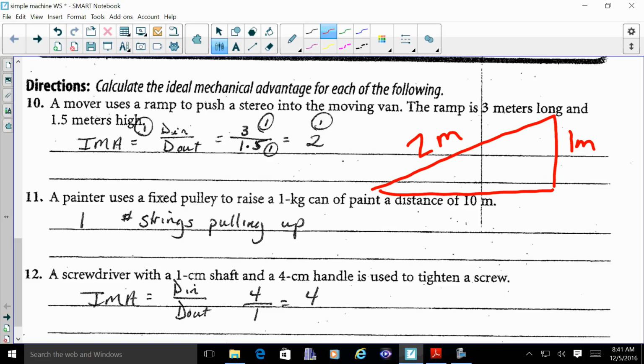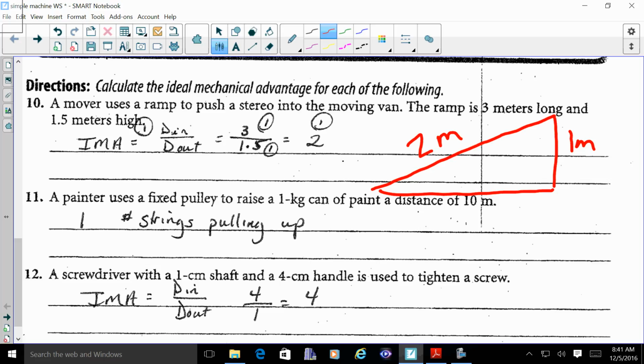Instead of using the numbers I just made up here, let's put in the numbers that they gave you. So let me erase this. This is going to be 3 meters and 1.5 meters. The distance that you put in is actually 3 meters.